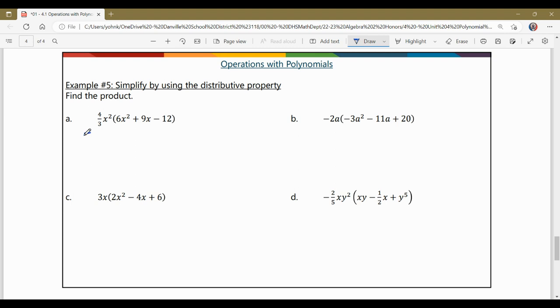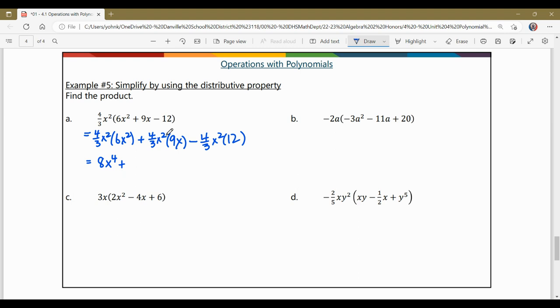So I'm going to do 4/3 x squared times 6x squared, plus 4/3 x squared times 9x, minus 4/3 x squared times 12. Let's see, 4/3 times 6 is 8. And then x squared times x squared is x to the 2 plus 2, or 4.